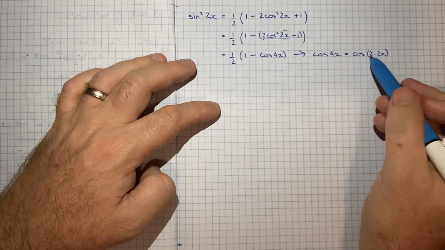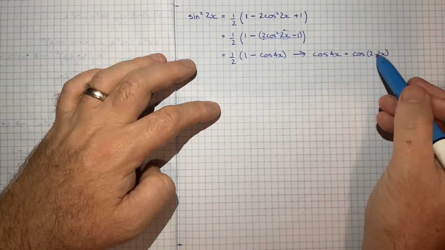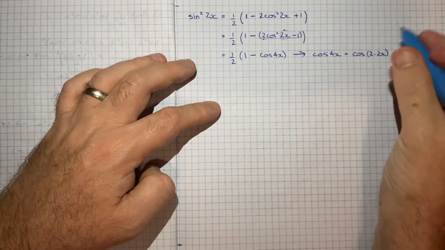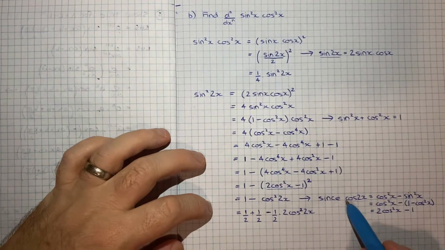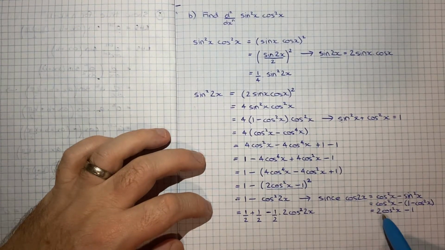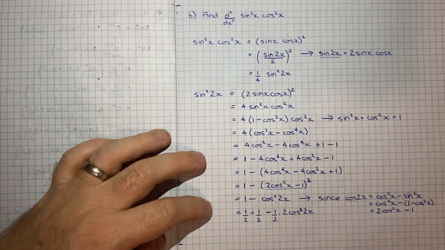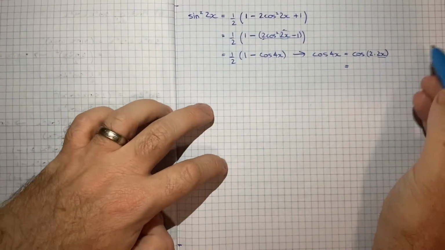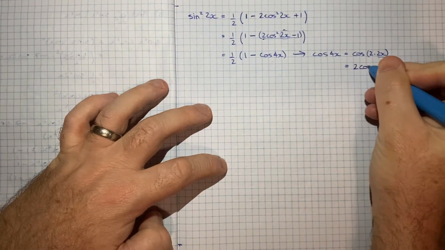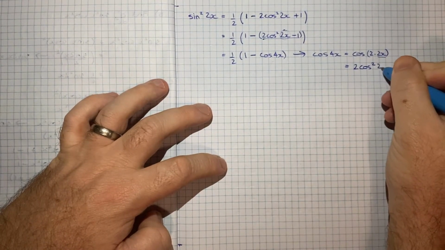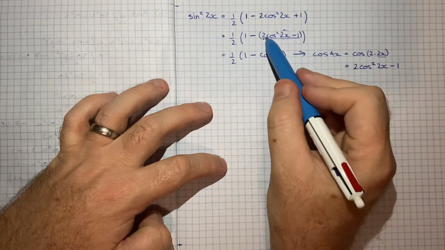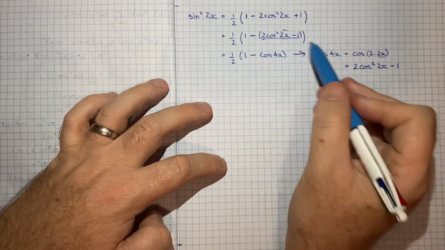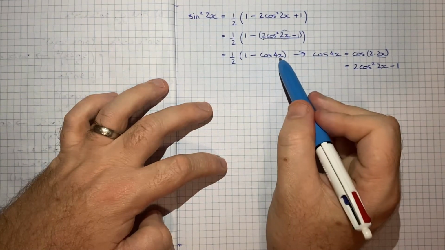So it's cos of 2 times something where that something is 2x instead of x. So if I take this result, cos of 2 times something is equal to 2 cos squared of that something minus 1. And here the something now is 2x. So I can say it's 2 cos squared of 2x minus 1. And that's exactly what we have here, 2 cos squared 2x minus 1. So that's why I can replace that with cos 4x.